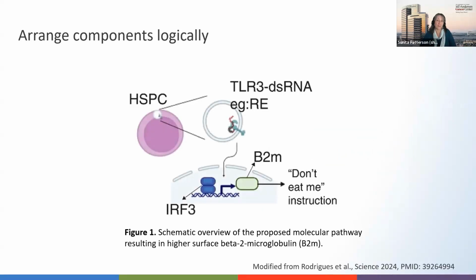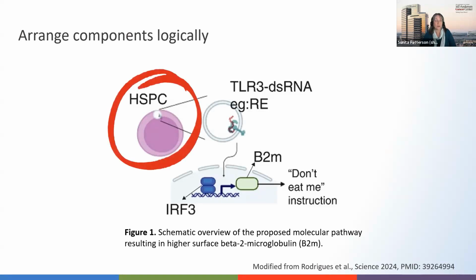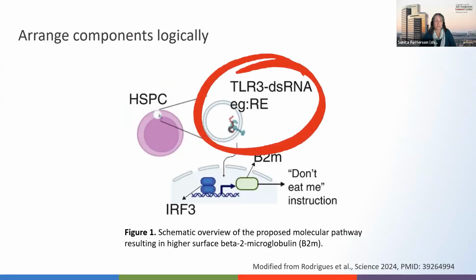This is a panel from a figure that shows a schematic overview of a proposed molecular pathway. The clear starting point is at the top left with a hematopoietic stem and progenitor cell, HSPC. Moving to the right, we zoom in on TLR3, or toll-like receptor 3, activation.